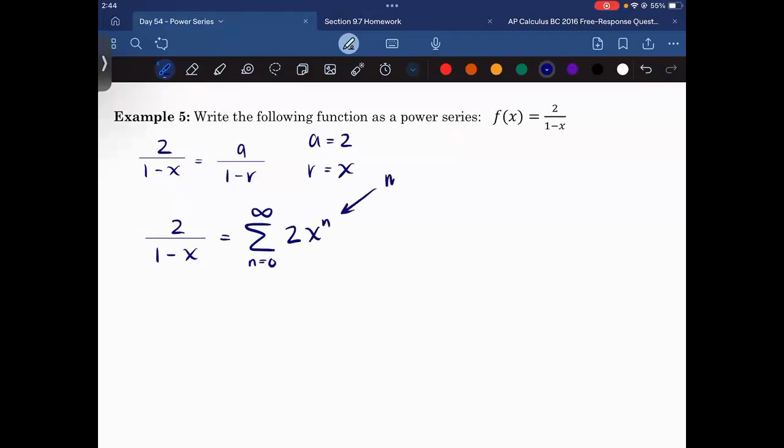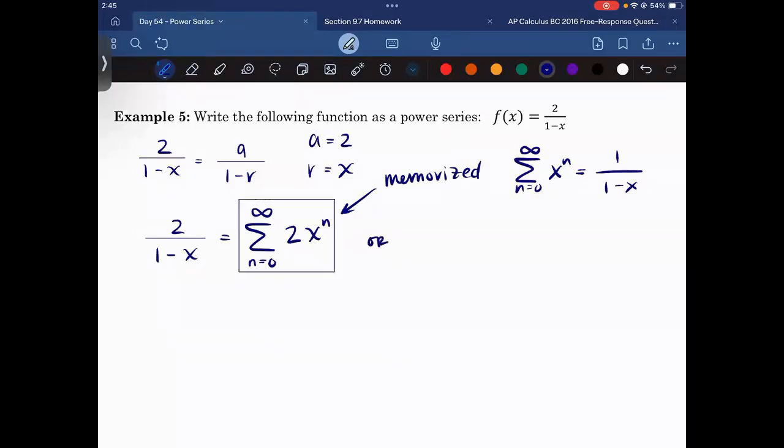Because of what we memorized. So that's your answer. Or, if you notice I did n equals 0, you can also do n equals 1 to infinity of 2x to the n minus 1. These are both the same thing, just a different starting point, so not that big of a difference.